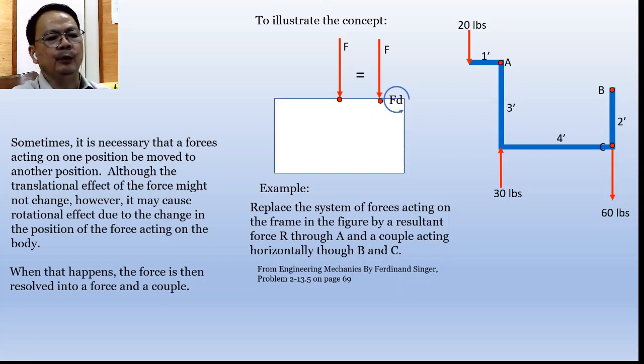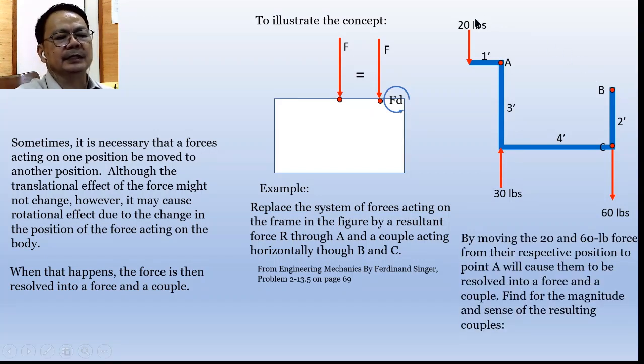According to the problem, we will be replacing this system of forces by a resultant acting through A and a couple acting horizontally through B and C. We will replace these three forces with one force acting at A and a couple acting at B and C.